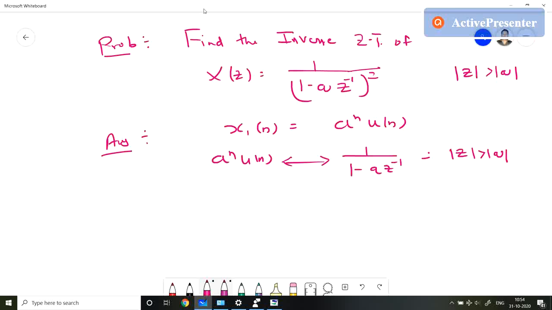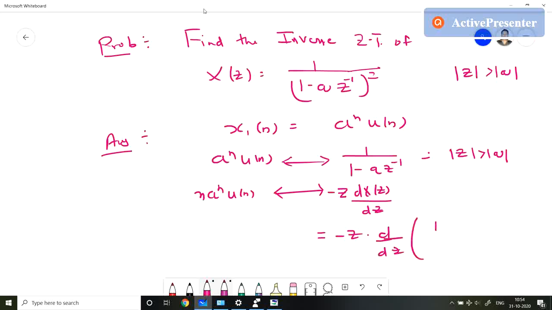Now if we multiply this signal with n, then the Z transform of n a raised to the power n u[n] is equal to minus z dX(z)/dz, and that is nothing but minus z d/dz of 1 divided by 1 minus a z inverse.